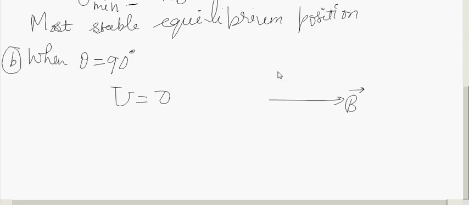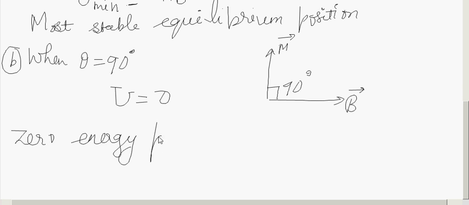When the bar magnet is placed with its dipole moment making an angle 90 degrees with the direction of the magnetic field, it does not possess any potential energy. So this is called the zero energy position, because the bar magnet does not possess any energy.